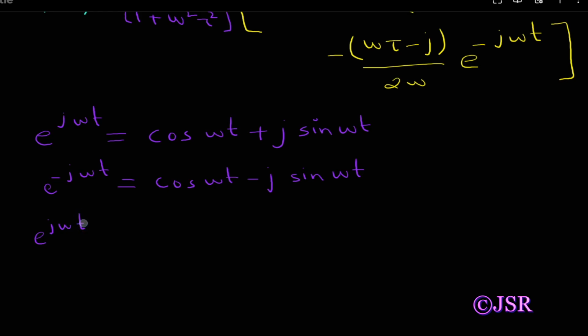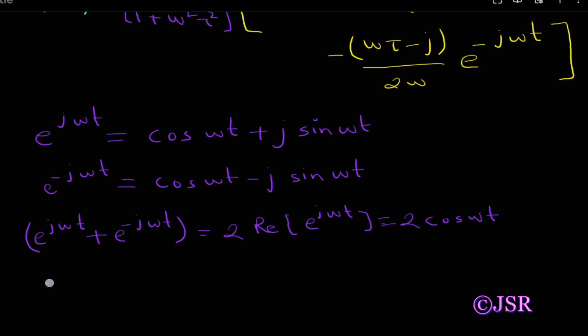So e to the power j omega t plus e to the power minus j omega t will give you twice the real part of e to the power j omega t, and that is 2 cos omega t.